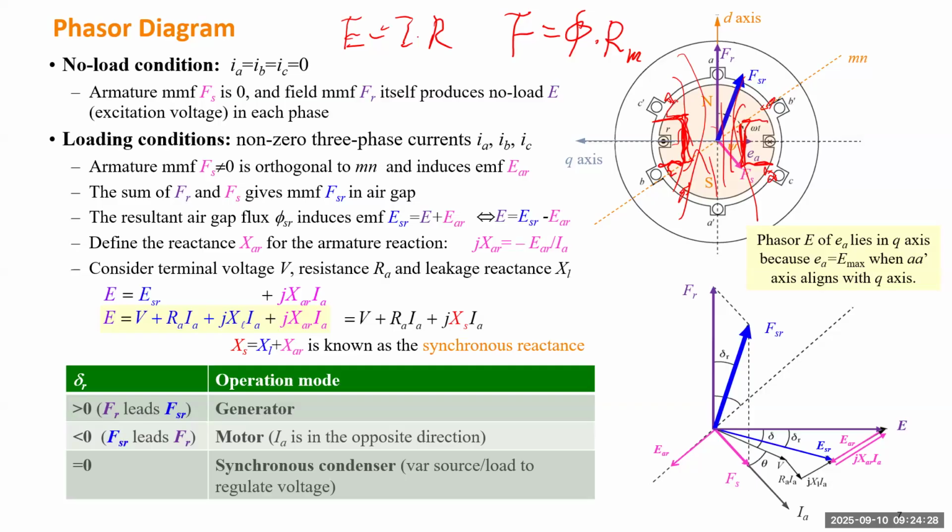So which means for a salient pole rotor generator, when it revolves, the winding A will sometimes face the poles, either N or S, so the air gap will be smallest. But for the quadrature direction, it will have the largest air gap. So which means the Rm here is also periodically changing relative to the position of the rotor. So we have to discuss that for the salient pole rotor generator.